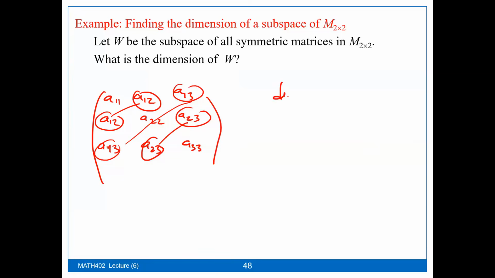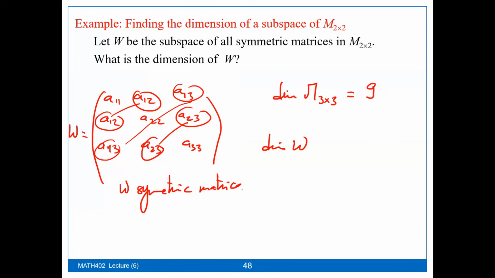What is the dimension of M3 by 3? 9. What is the dimension of this W, symmetric matrices of order 3? 6.